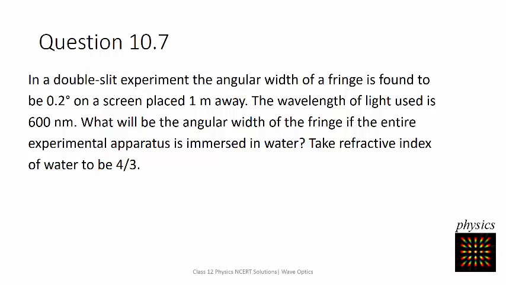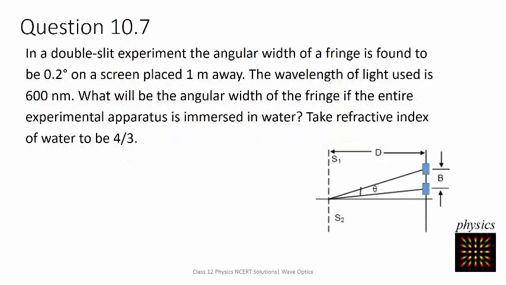Now this question is to find out the angular divergence. What is given is the angular width in air. We need to find out the angular width when you immerse the entire setup in water. So we use the approximation here. Theta is equal to the fringe width beta divided by d.